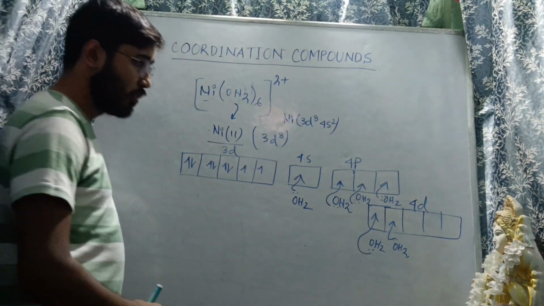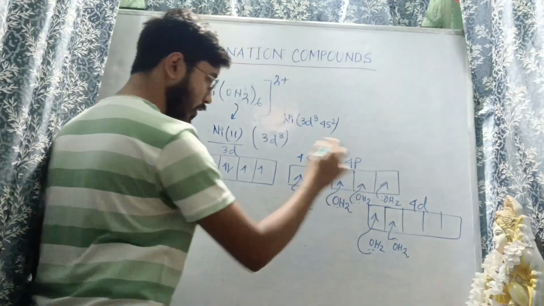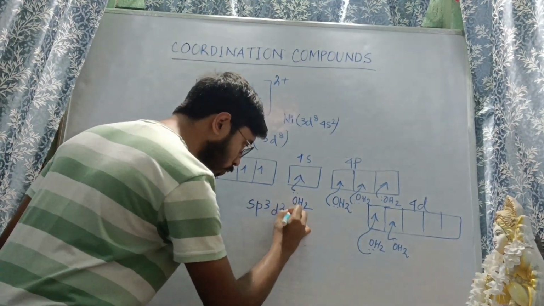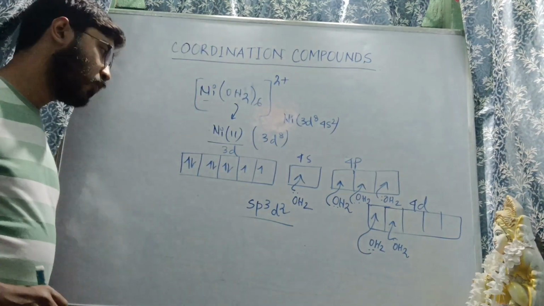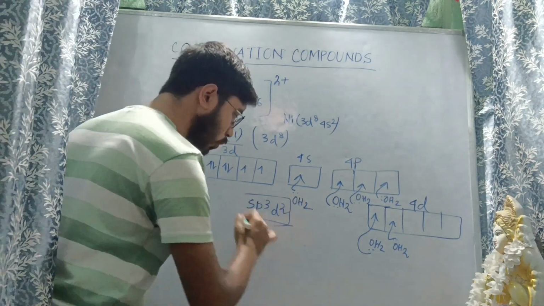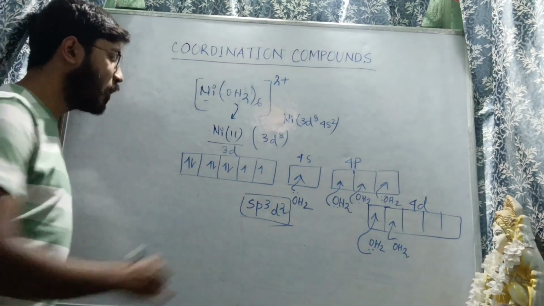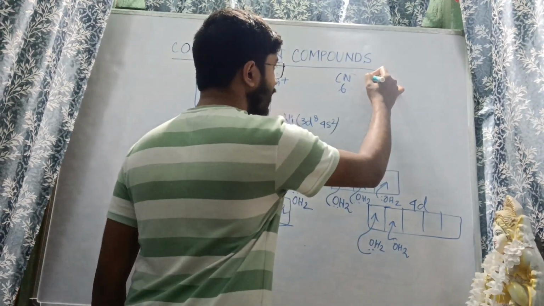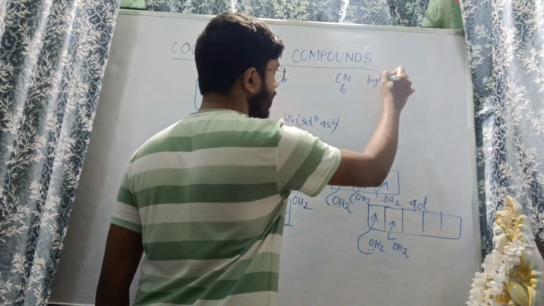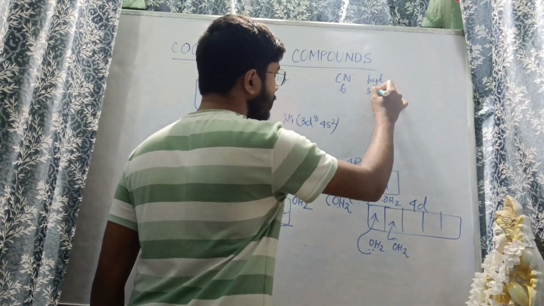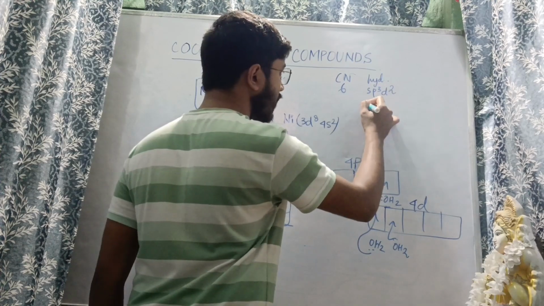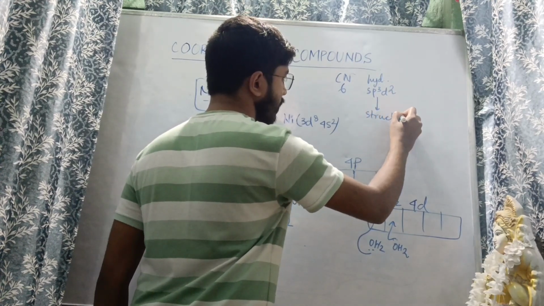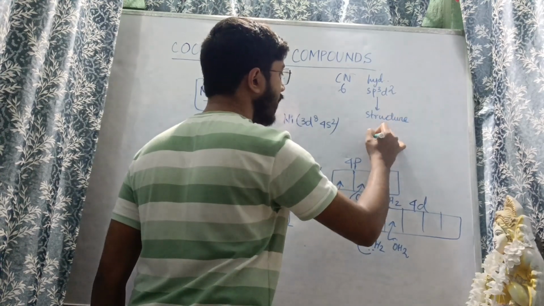So we see that the hybridization is sp3d2, and the structure is, when the coordination number is 6 and the hybridization is sp3d2, then the structure must be octahedral.